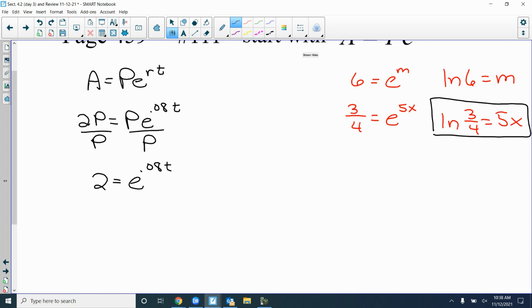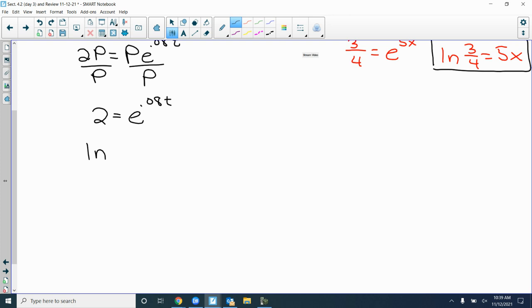All right, now this is basically what I was talking about over here. Once you get to this point, you're kind of stuck until you convert it to natural log form. Natural log form, what's it going to look like? Natural log of 2 equals 0.08t.